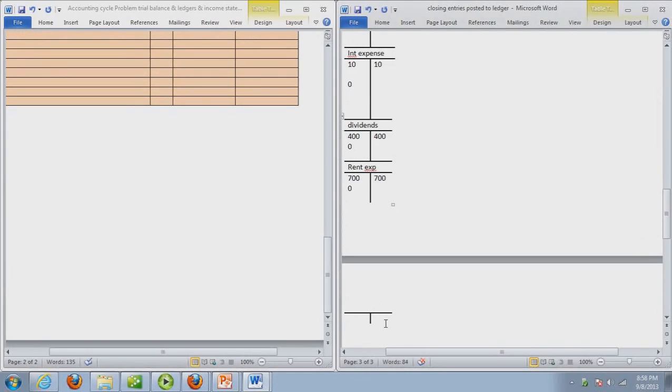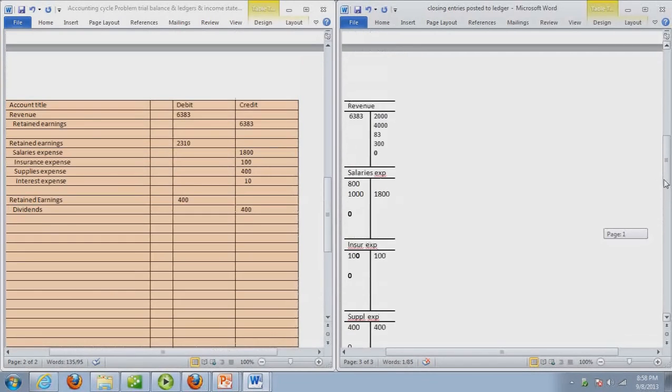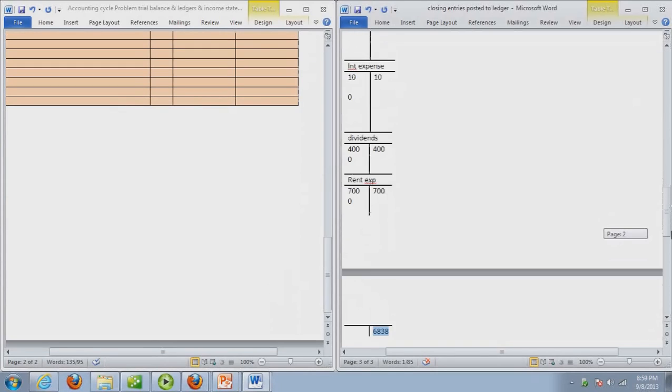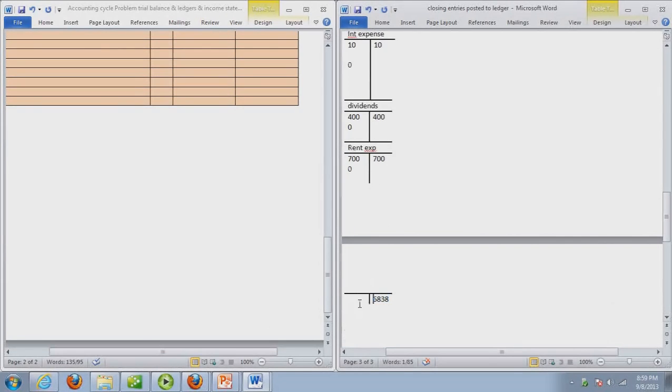So retained earnings goes up for revenues, 6383, and it goes down for expenses. I can't seem to do it on the other side, but your expenses is 2310.